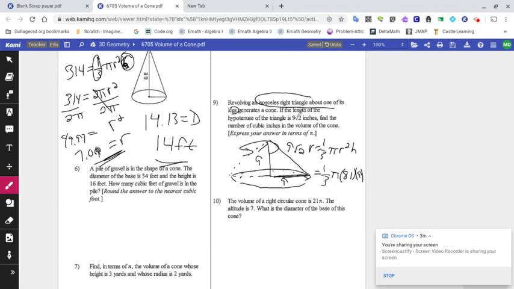Doing a little math in my head, 9 times 1/3 is 3, and 3 times 81 is 243 pi. It says in terms of pi, which means I don't multiply my final answer by pi, and I don't round it. That's the answer in terms of pi: 243 pi, and my units are inches cubed for that one. So that's how you do number 9.